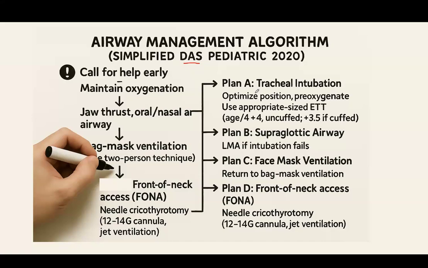You can confirm the placement by aspirating air, and after that, you can use jet ventilation or jet oxygenation to maintain oxygenation. That will buy you some time, but you have to definitively secure the airway within 45 minutes. So we will go briefly about the DAS algorithm.